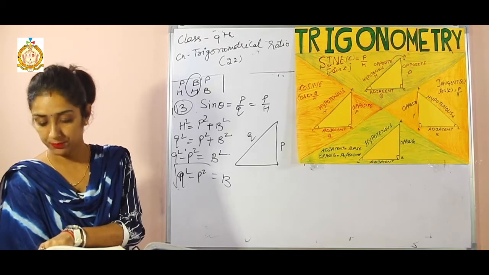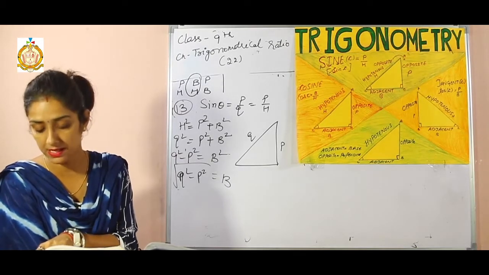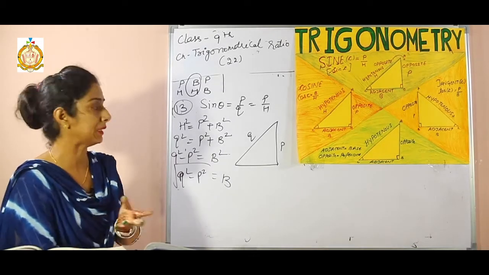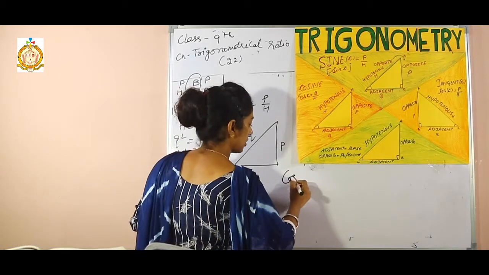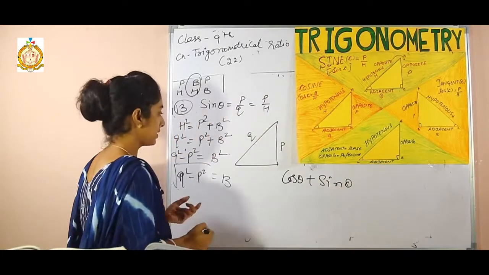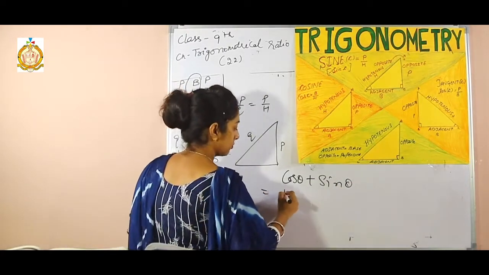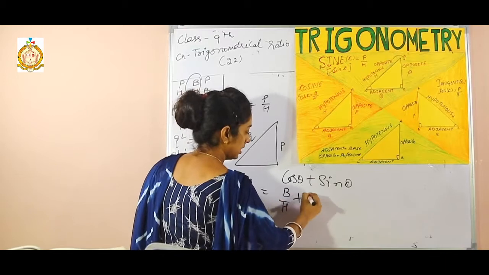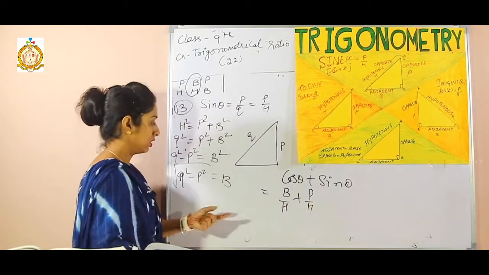where is the question? Yeah, you have to find cos theta plus sin theta in terms of P and Q. Now cos theta plus sin theta. Now see, what is cos theta? That is B over H plus P over H. Now what is B?